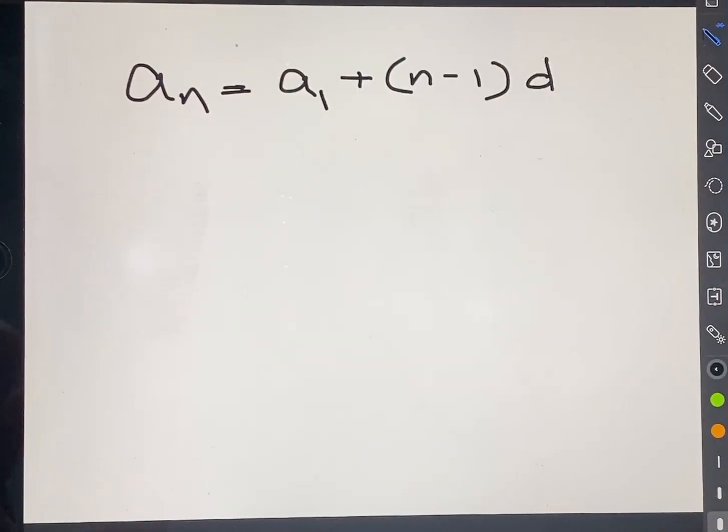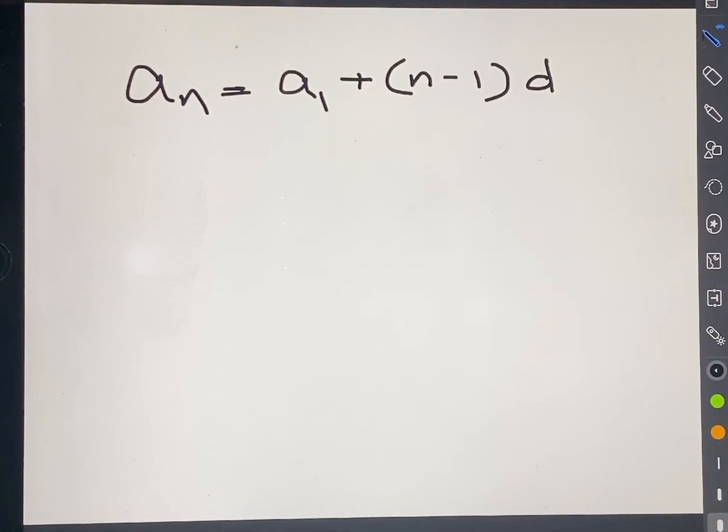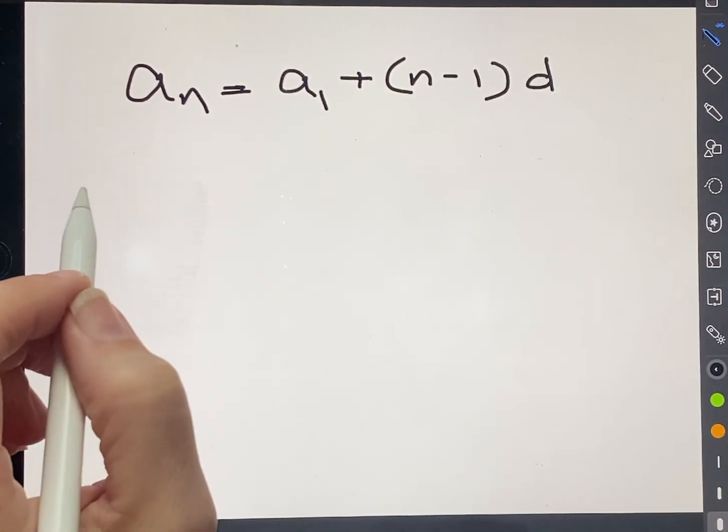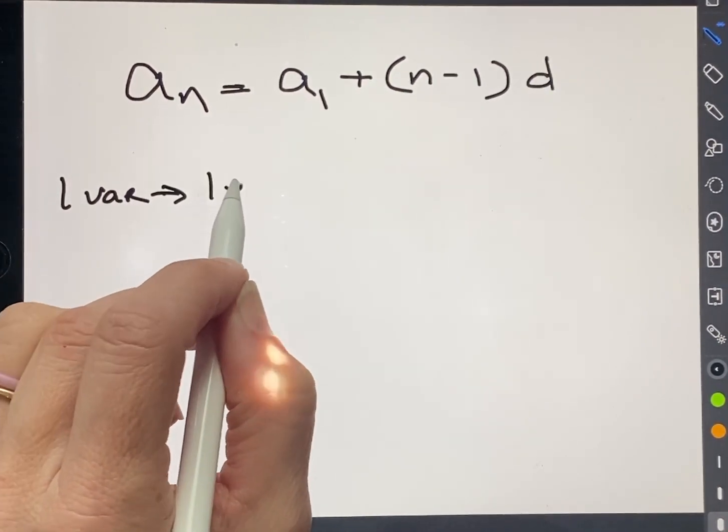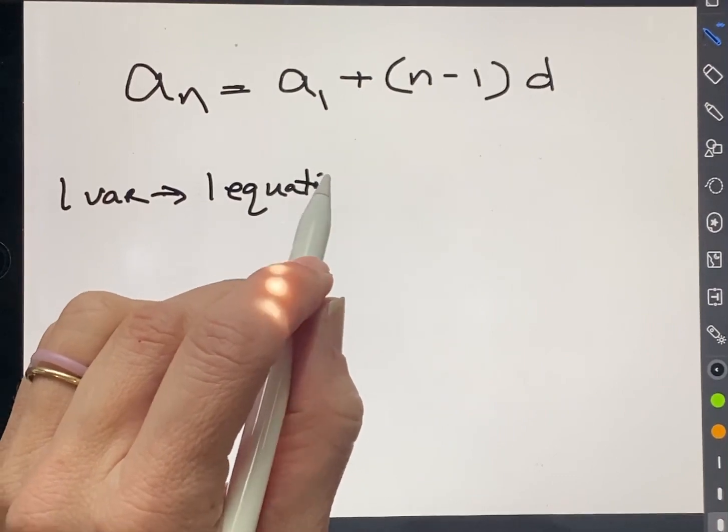So now that we have an equation, we get to go all the way back and use our toolbox of information where we can plug in numbers and solve for a variable. We might have 2 variables. We know that with 1 variable, we need 1 equation and we can solve it.